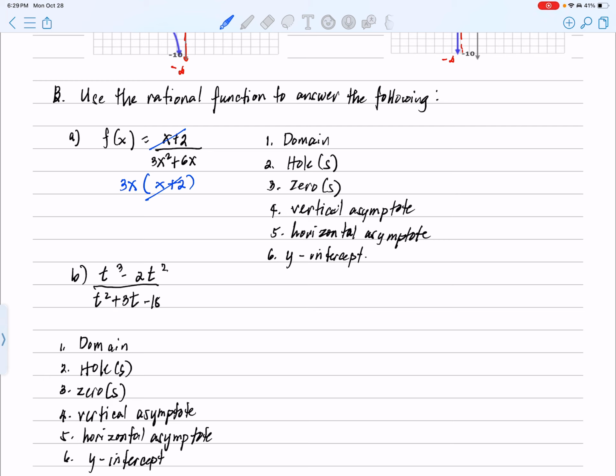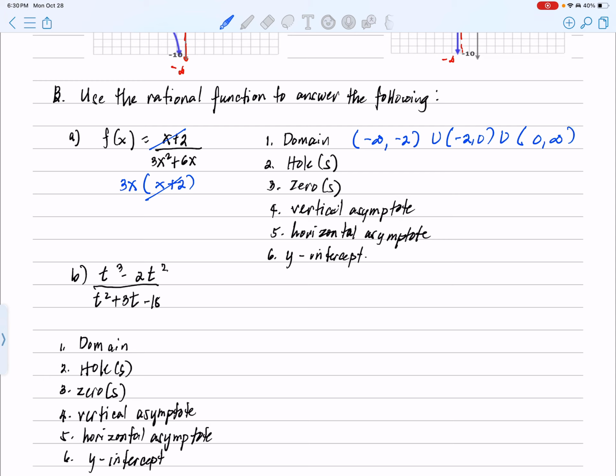We can see the hole at x equals negative 2, with y equal to 1 over 3. So what will be the domain? We can have negative infinity to negative 2, union negative 2 to 0, union 0 to positive infinity.